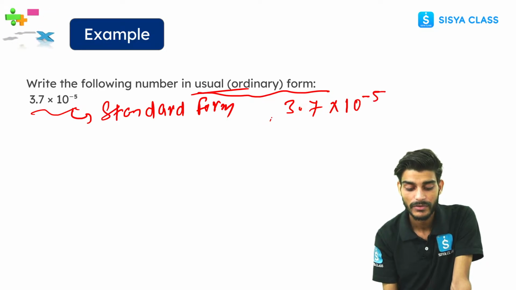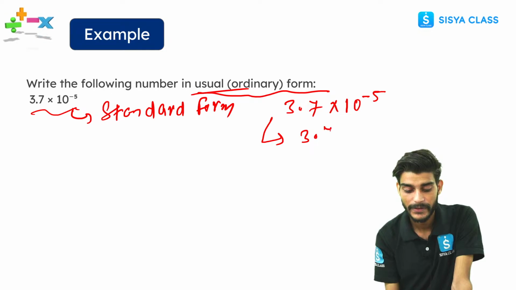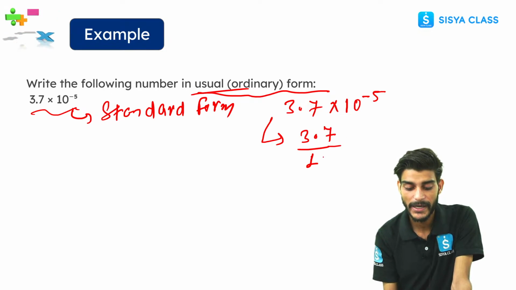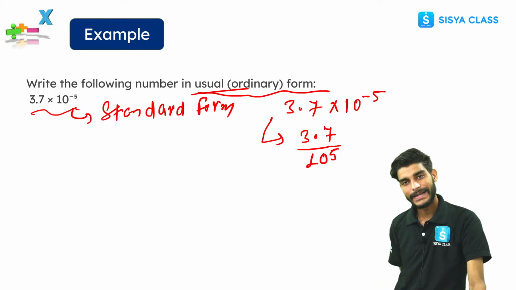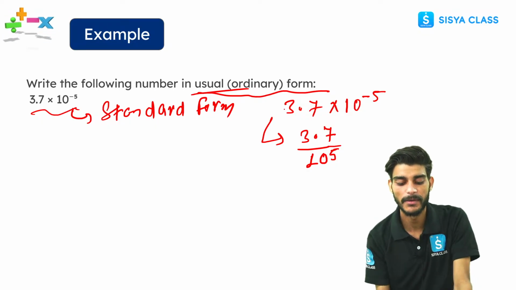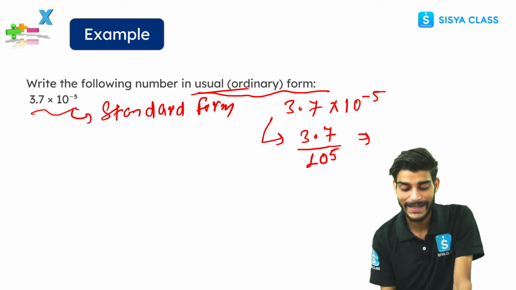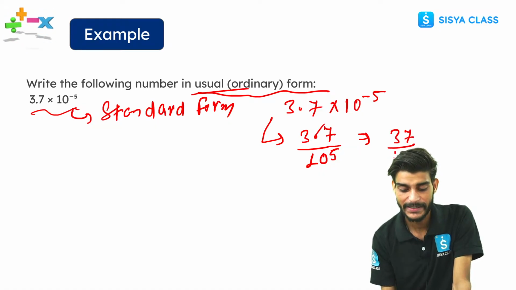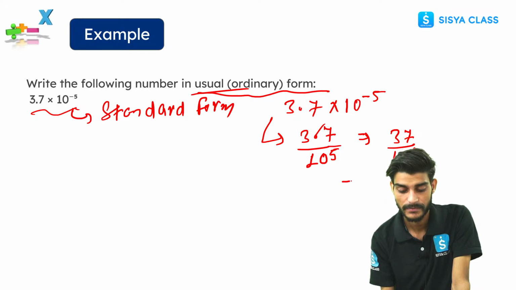What I told you, if you feel difficulty, make it positive. 10 raised to the power minus 5: if you make it positive, take the reciprocal, it will become positive. Next step, remove the point. So 37 divided by 10 raised to the power 6.